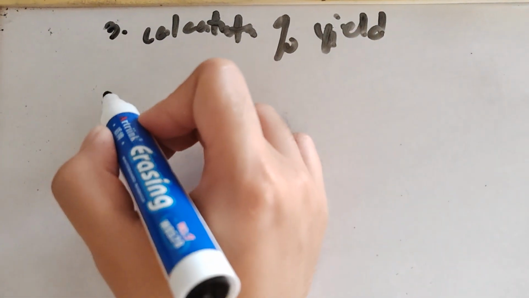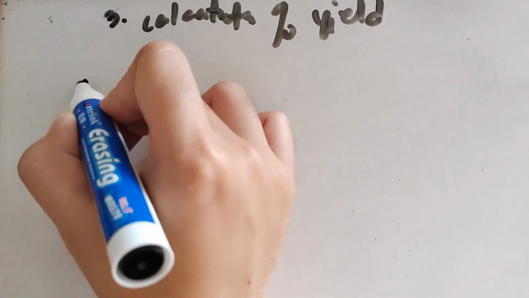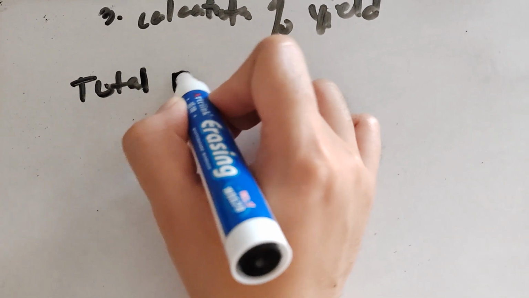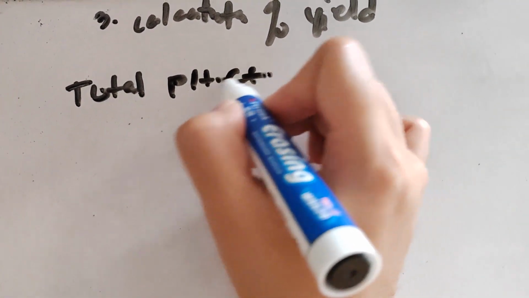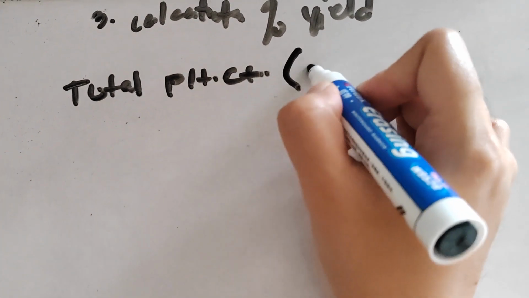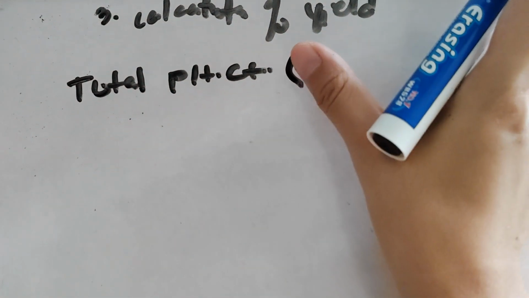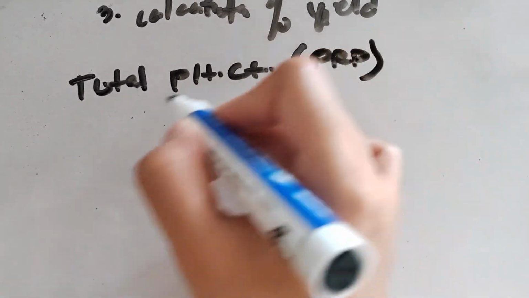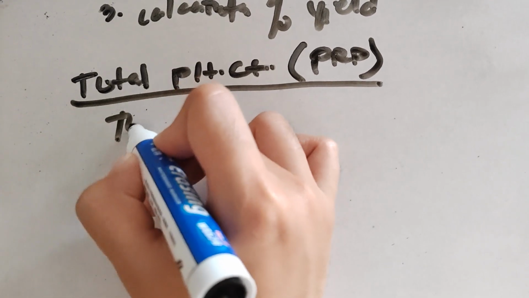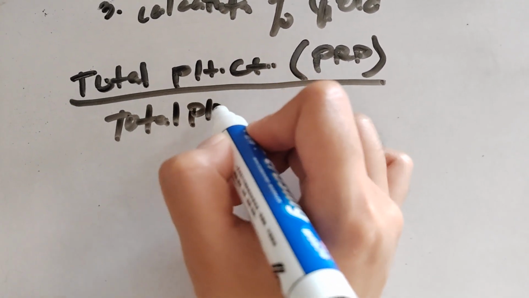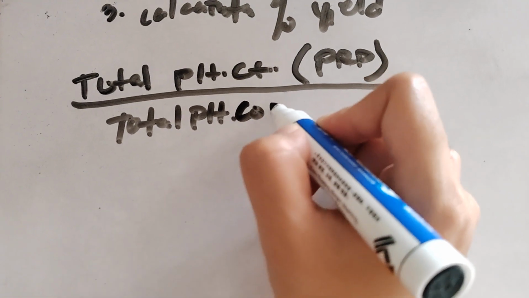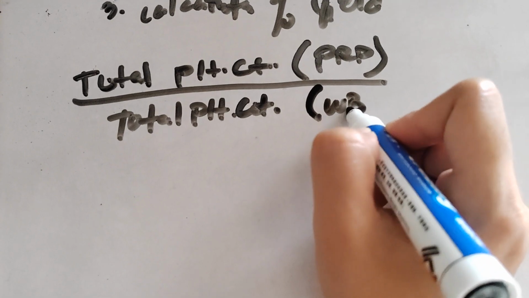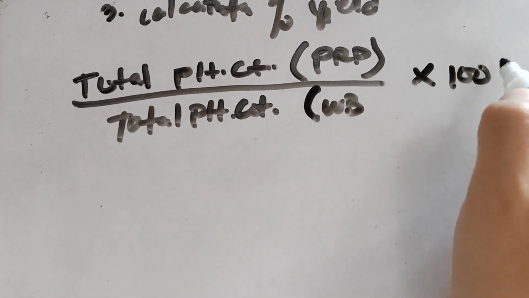The formula for this, we have the total platelet count of the platelet-rich plasma, the PRP, divided by the total platelet count of the whole blood times 100.